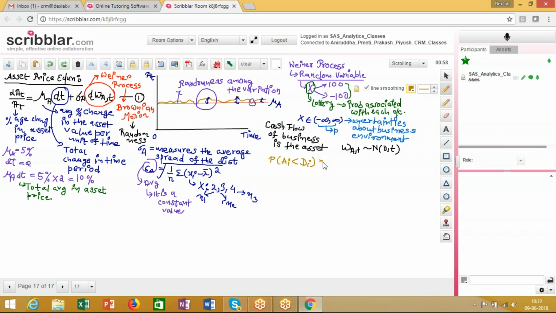So this is precisely my probability of default for the ith borrower. Right? So this is the probability of default for the ith borrower.